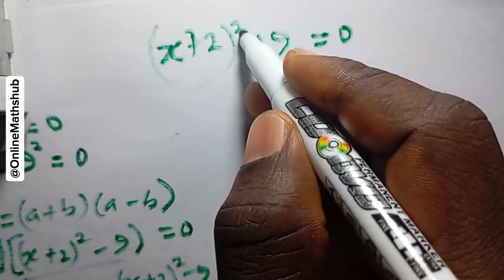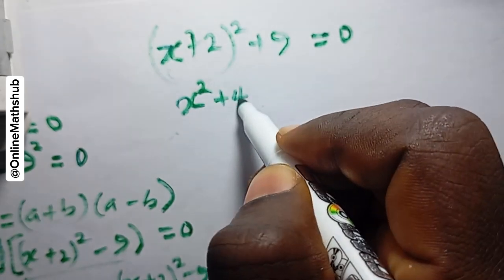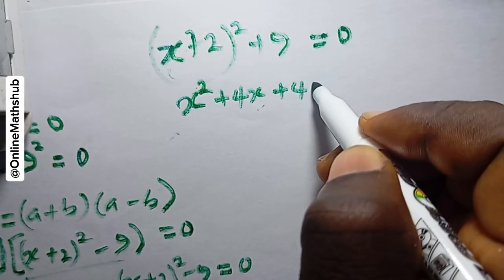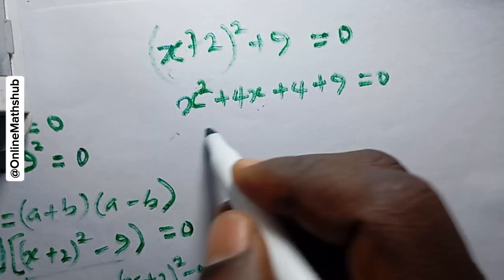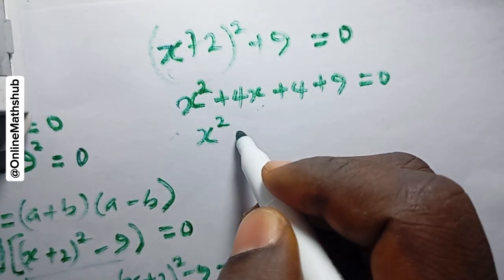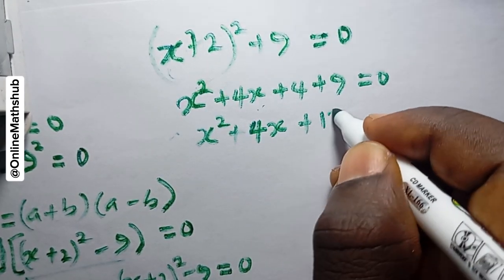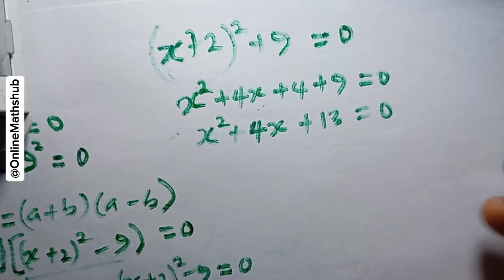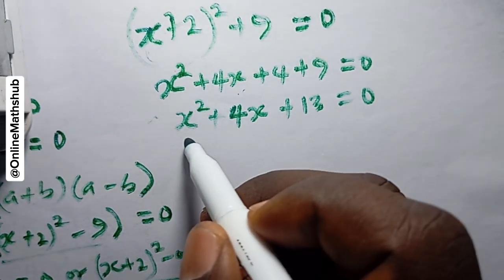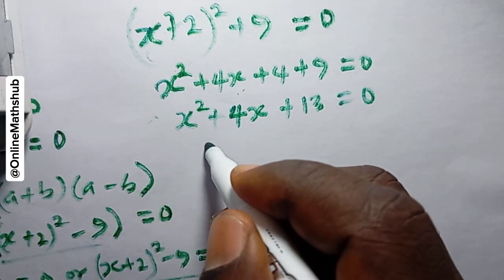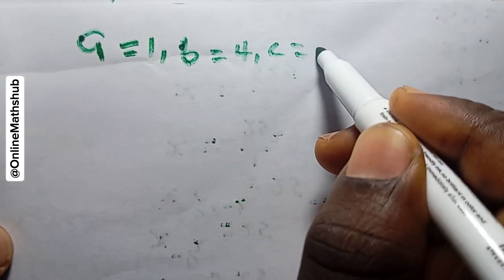If I open this, I'll have x squared plus 4x plus 4, plus 9 is equal to 0, which when you simplify gives x squared plus 4x plus 13 is equal to 0. At this point, I'm going to use the formula method of solving a quadratic equation, where a is equal to 1, b is equal to 4, and c is equal to 13.